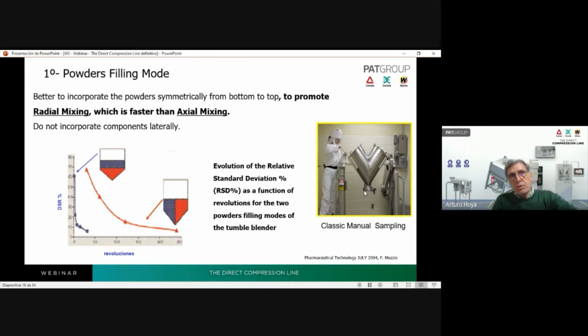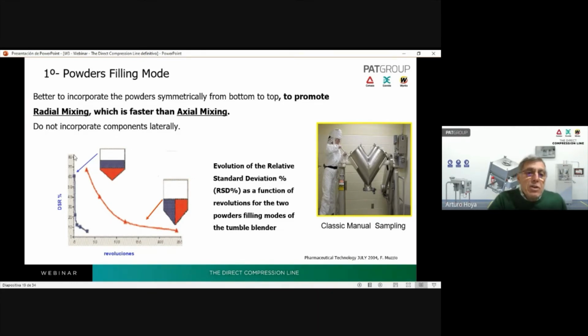You take different samples, then you control the content of the API and calculate the dispersion and the average. The dispersion divided by the average is the relative standard deviation.